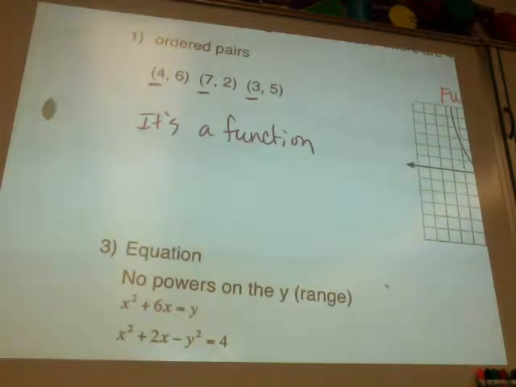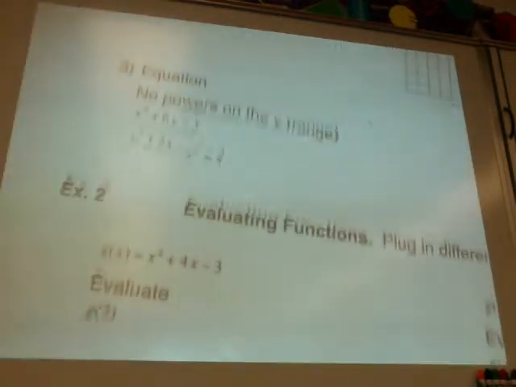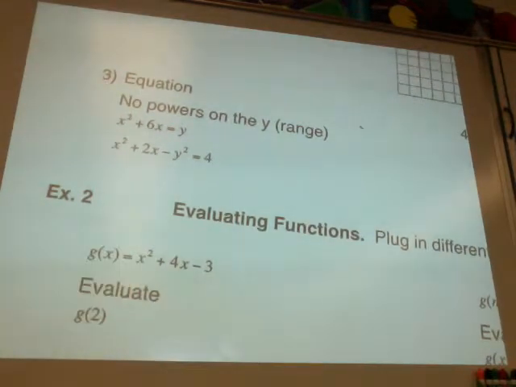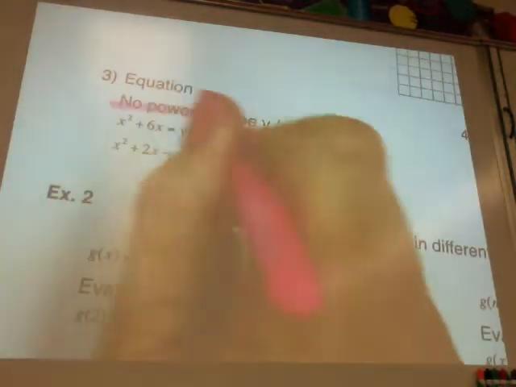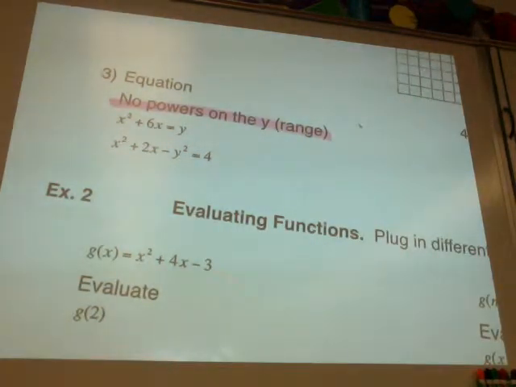So we can test for a function given ordered pairs. We can test for a function given graphs. What if you're given an equation? We are specifically looking for no powers other than 1 on your y value, which is your range.